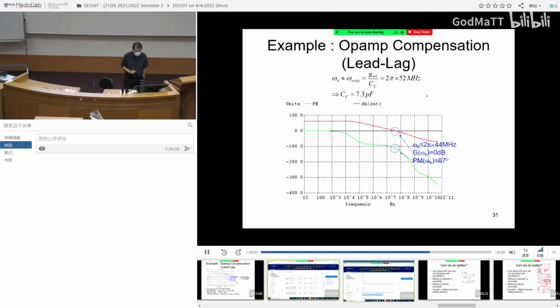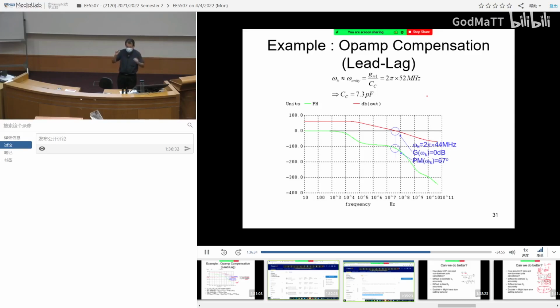Okay, so we have covered two conversations. One is lag. The lag got two methods. One is just simply shunt. Another is using Miller. Okay, and you probably know by now, using Miller allows you to do the pole splitting.